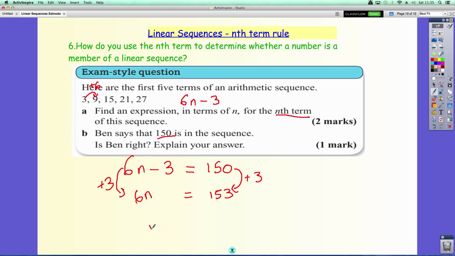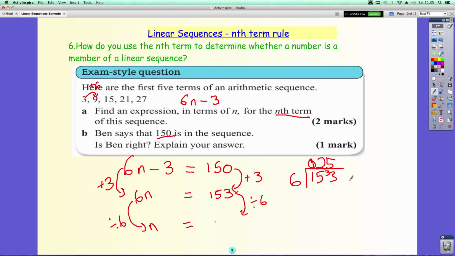That means n, doing the opposite again, divide by 6, is equal to 153 divided by 6. So 153 divided by 6, I'm going to do a quick bus stop. 6 into 1 is 0, carry the 1 over. 6 into 15 is 2, with a remainder of 3. 6 into 33 is 5, with a remainder of 3.